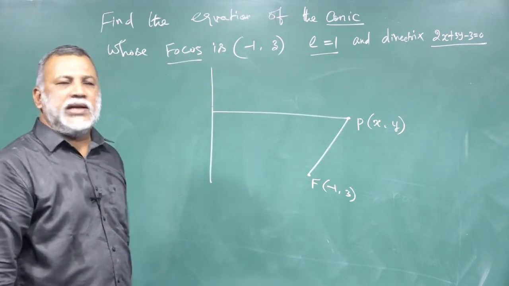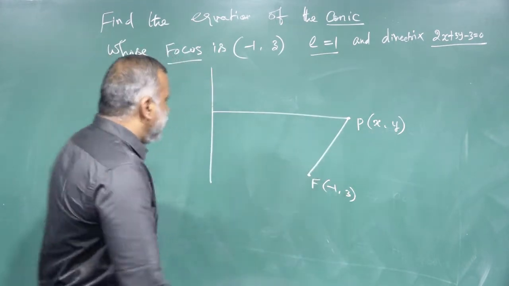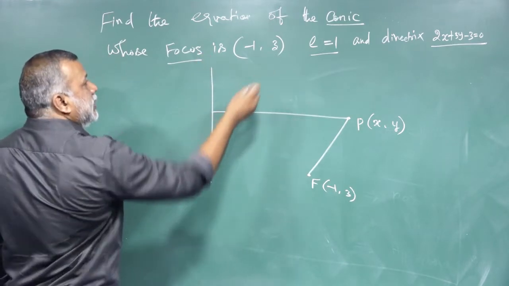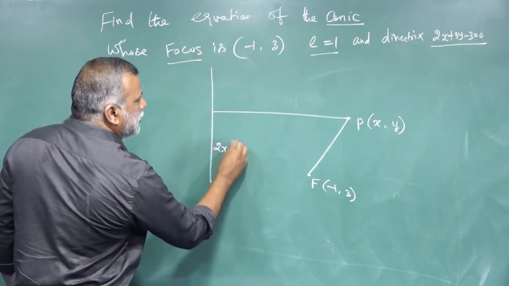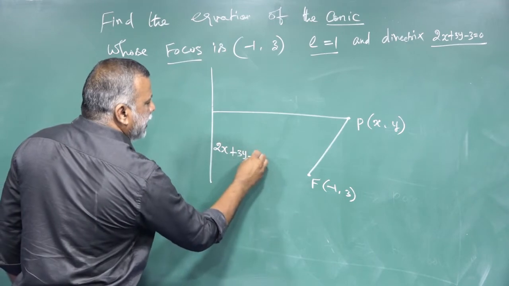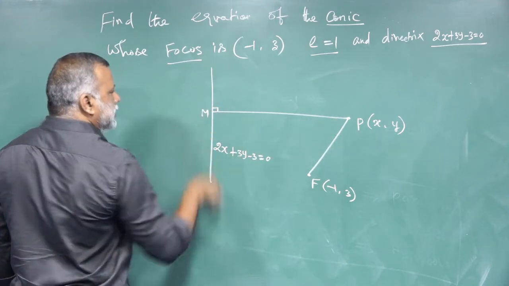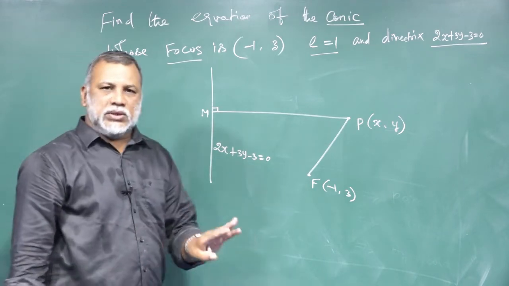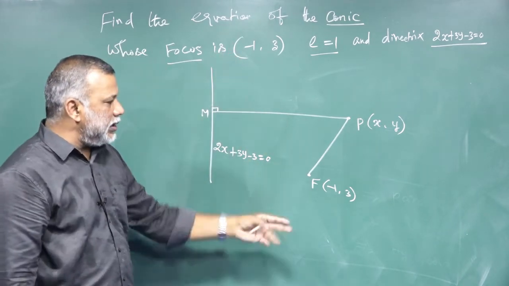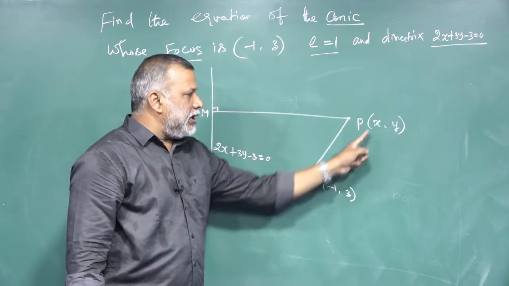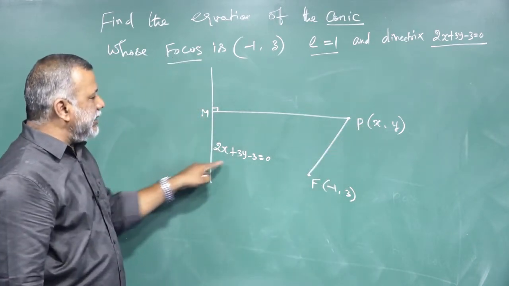Moving points should be taken in the form P(x, y). This is called the directrix, with equation 2x + 3y - 3 = 0. This is the perpendicular line, so this is PM. So this is the naming: F(-1, 3), P(x, y), directrix.